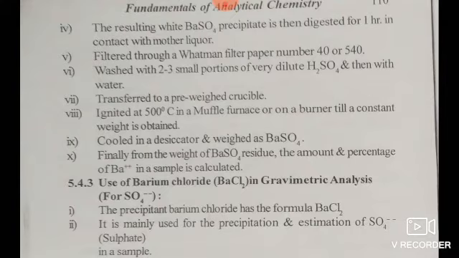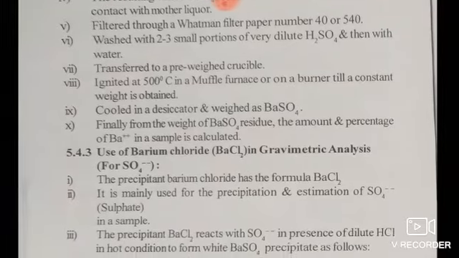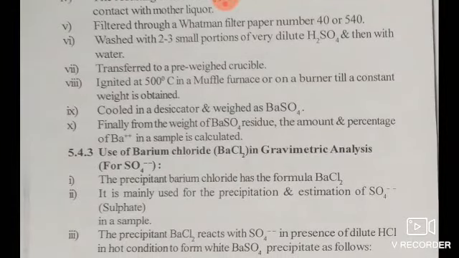It is then transferred to a pre-weighed crucible and ignited at about 500 degrees Celsius in a muffle furnace or on a burner till a constant weight is obtained, cooled in a desiccator and weighed as BaSO4. Finally, from the weight of the BaSO4 residue, the amount and percentage of Ba++ ion in the sample is calculated. So this is the use of dilute sulfuric acid for the precipitation of Ba++ ion.